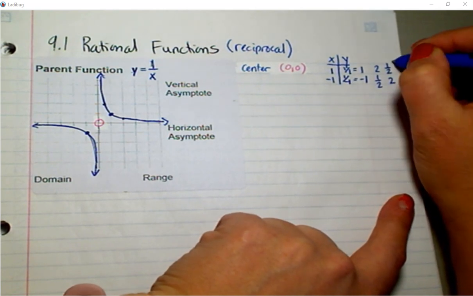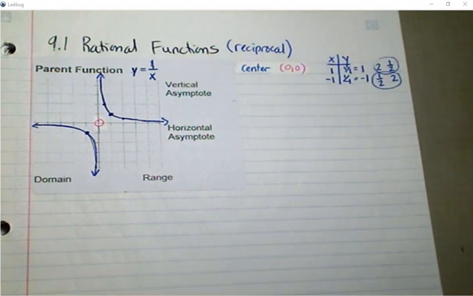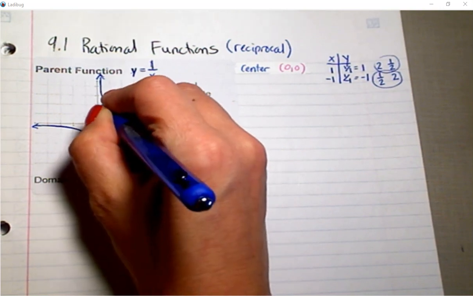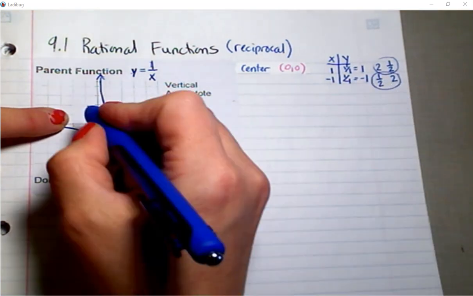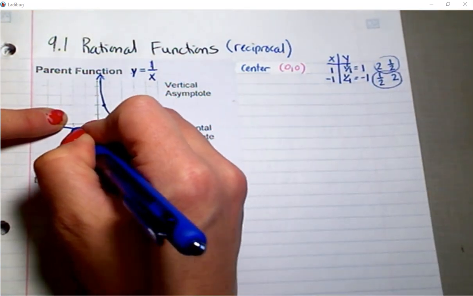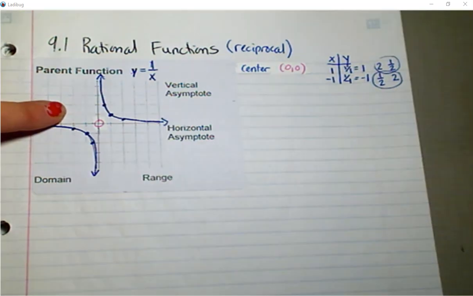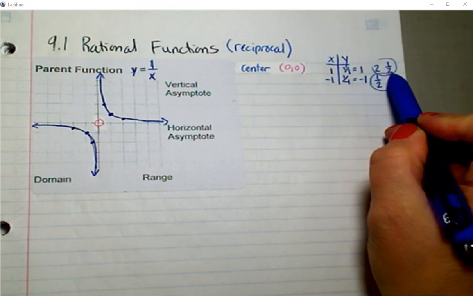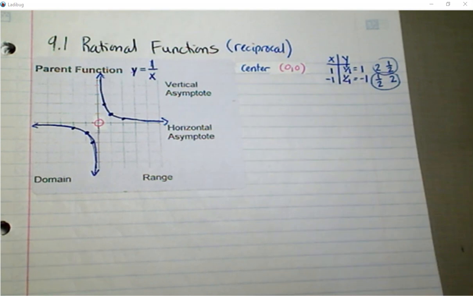Notice the pair of points is included. The negative direction is also included: (-2, -1/2) and (-1/2, -2). So we have reciprocal points. The reciprocal of 2 is 1/2. The reciprocal of 1/2 is 2.